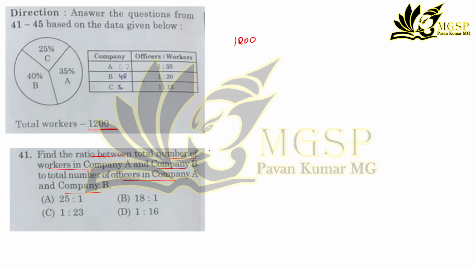Now we have to find how many workers are present in company A. For that, multiply with the percent they have given, 35%. 35% means 35 divided by 100, which gives you 0.35. So this gives the value 420.